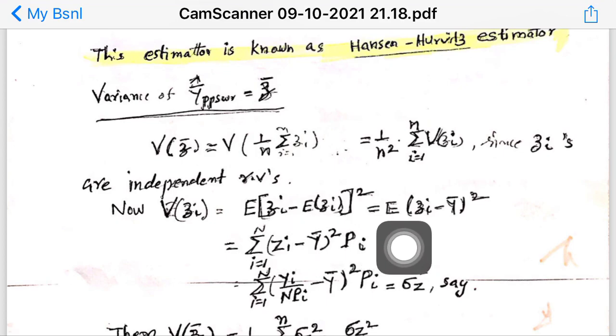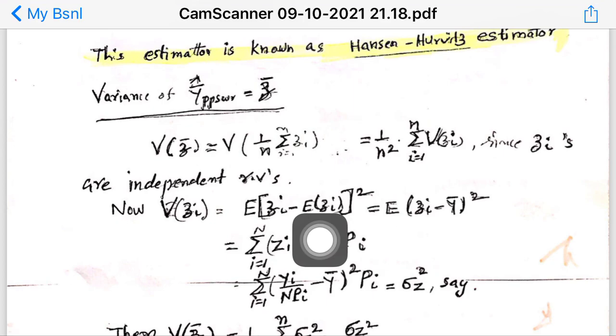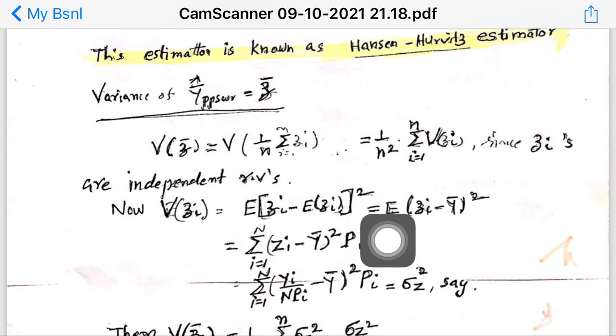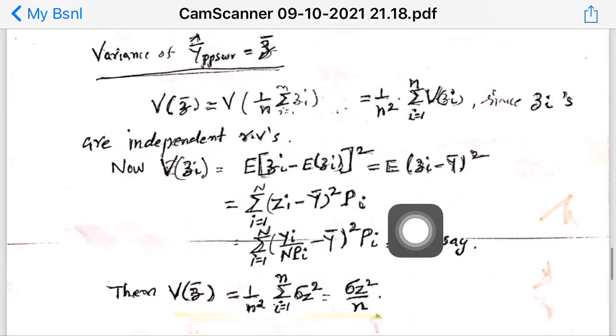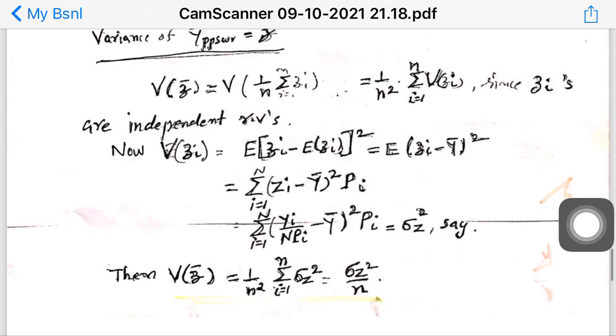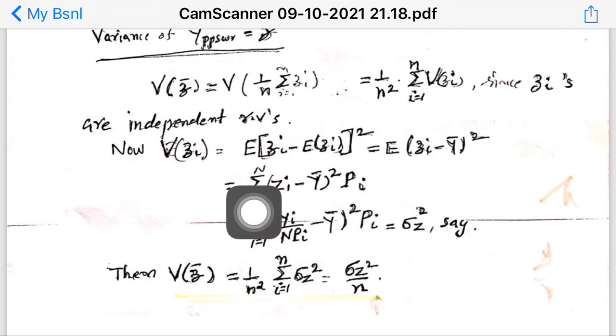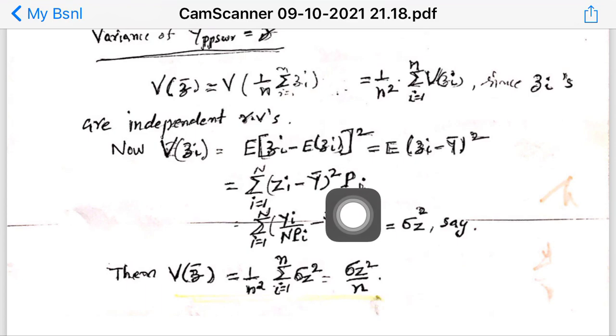That is equal to expectation of Zi minus capital Y bar the whole square, because you have already found that expectation of any Zi equals capital Y bar. And this is equal to capital Zi minus capital Y bar the whole square into probability, because expectation is, as usual, the sum of the values multiplied by probability. So Zi takes the value capital Zi, and therefore this is sigma i equal to 1 to n of Zi minus Y bar whole square into its probability, that is capital Pi.